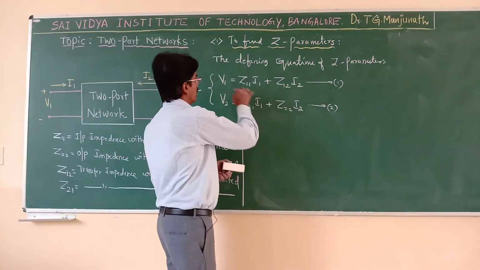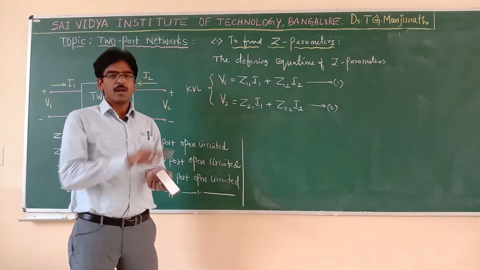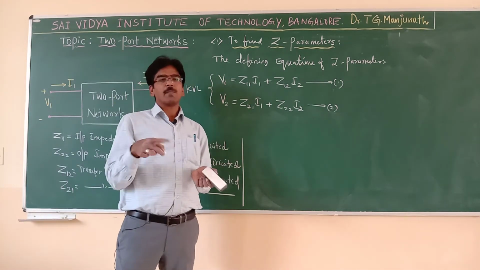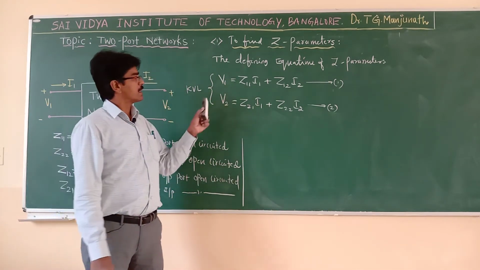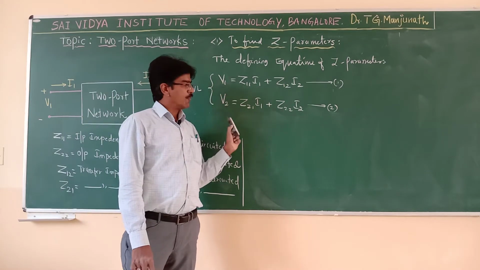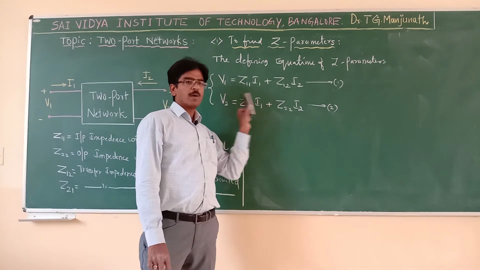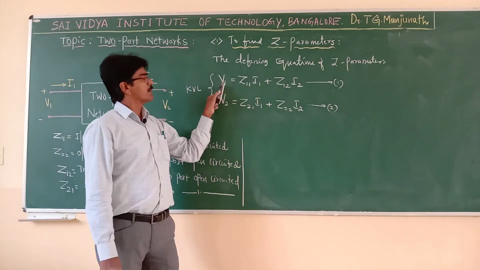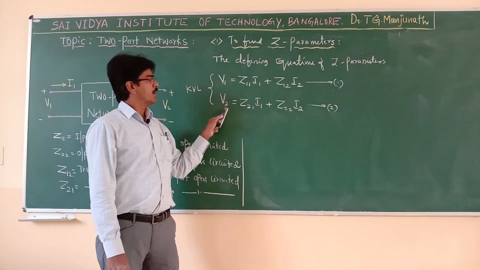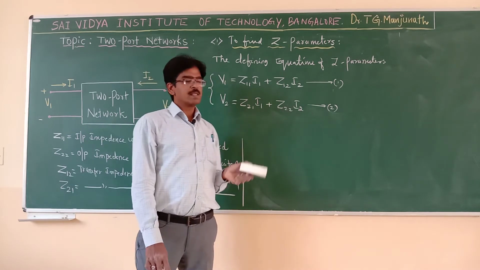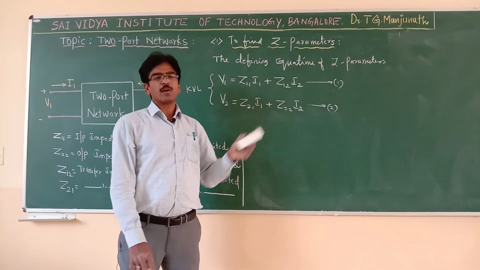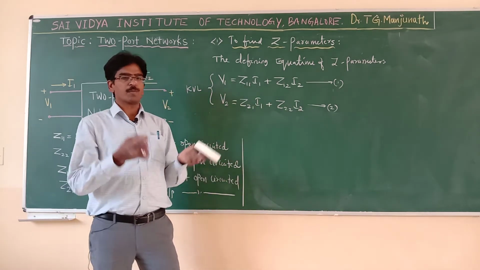Now KVL is always applied to a closed loop or a path. Hence we should get one loop at the input port and another loop at the output port, because V1 is at the input port and V2 is at the output port. Hence this is one loop, this is another loop. So the circuit consists of two loops.